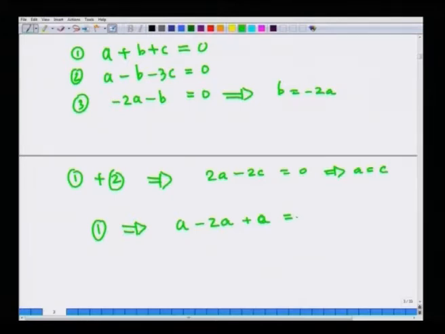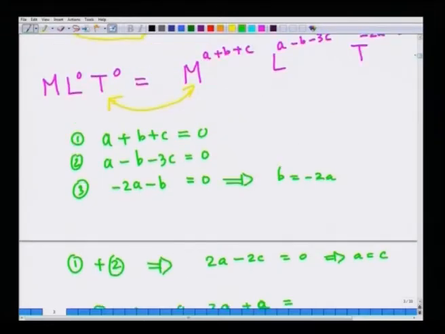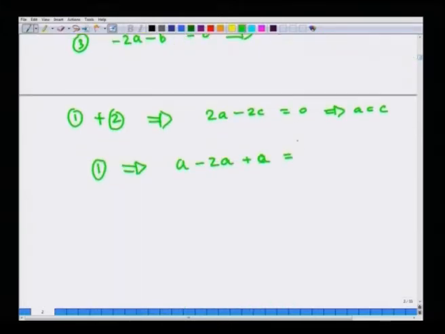Let me just see this. I am sorry, there is an error here. a plus b plus c is 1, because the exponent of m is 1. So, a plus b plus c should be 1, but this is 0.